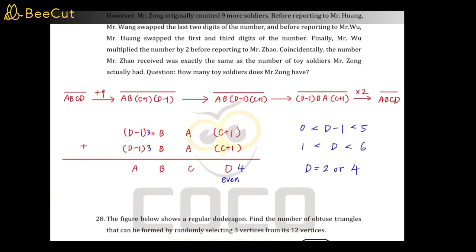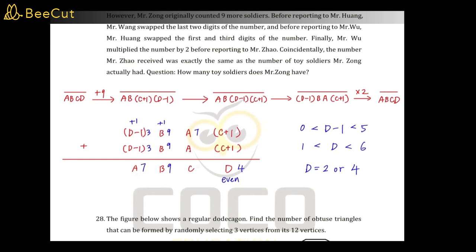And this part, since 3 plus 3, A is at least 6. So A plus A, there must be a carryover to the next digit, which means that this B must be 9. 9 plus 9 plus the carryover 1 equals 19. Carryover 1 again. Then we get that A is 7. Let's see if it works.